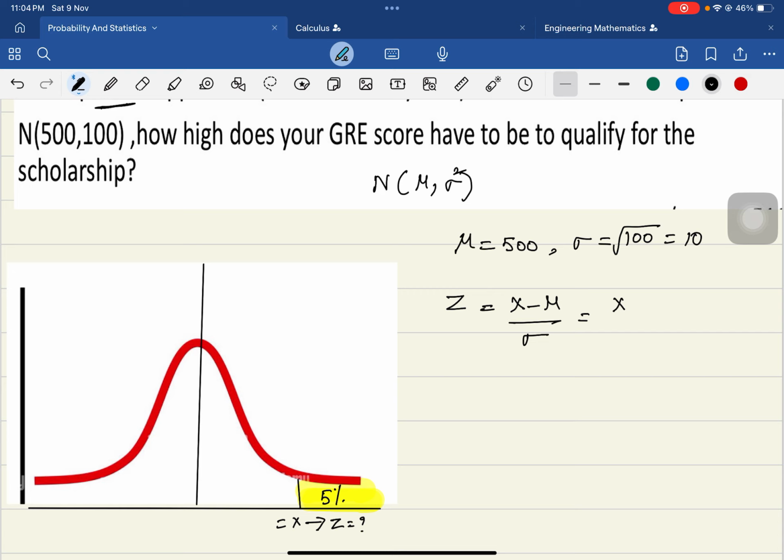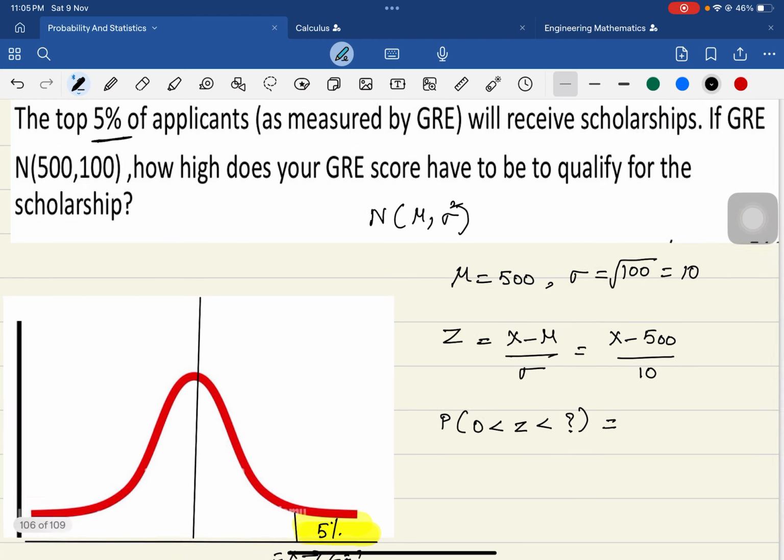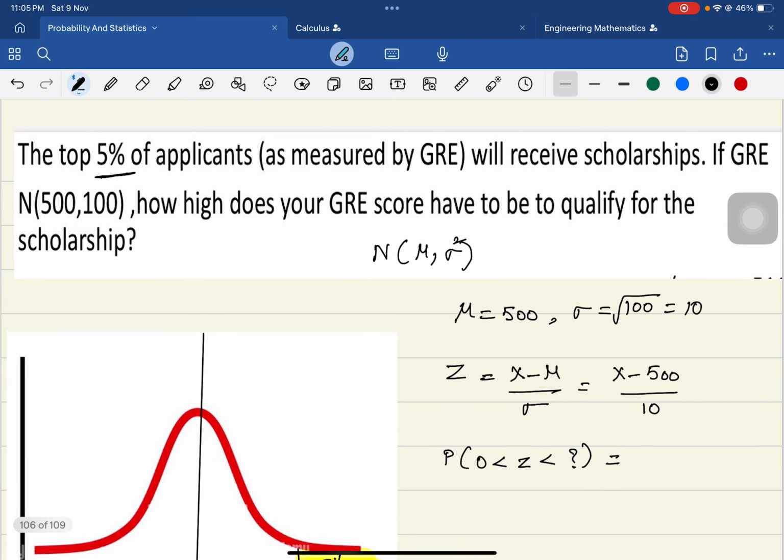So here z is x minus mu over sigma, which is x minus 500 by 10. And this is the probability of 0 less than z less than the value for which the area is given by 0.45.